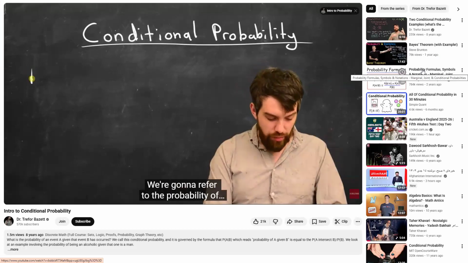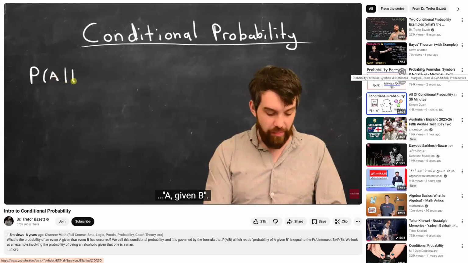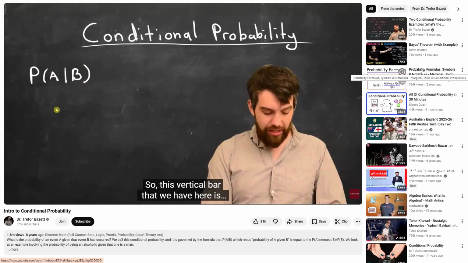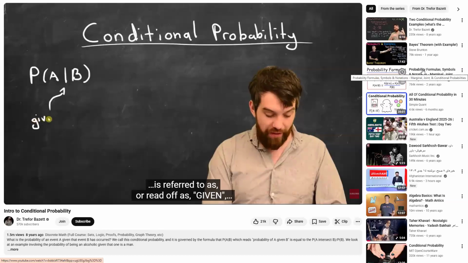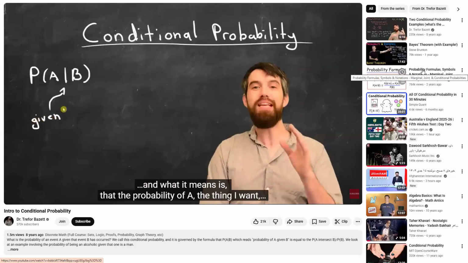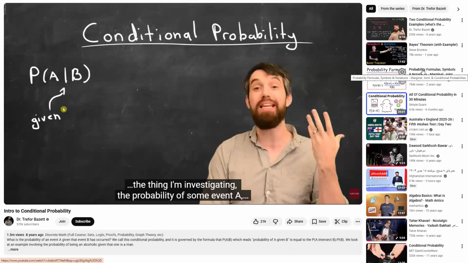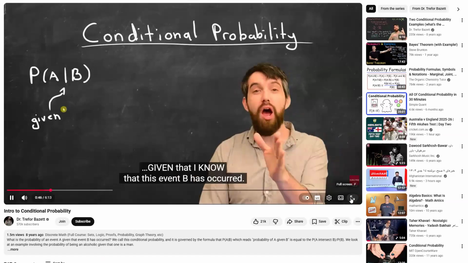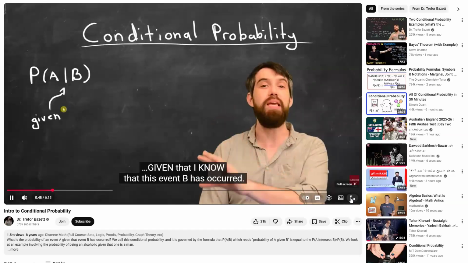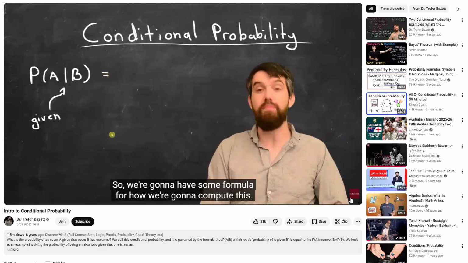We refer to the probability of A given B. This vertical bar is read off as, given. It means this is the probability of A, the thing I'm investigating, the probability of some event A, given that I know that this event B has occurred. So we want to have some formula for how we're going to compute this.